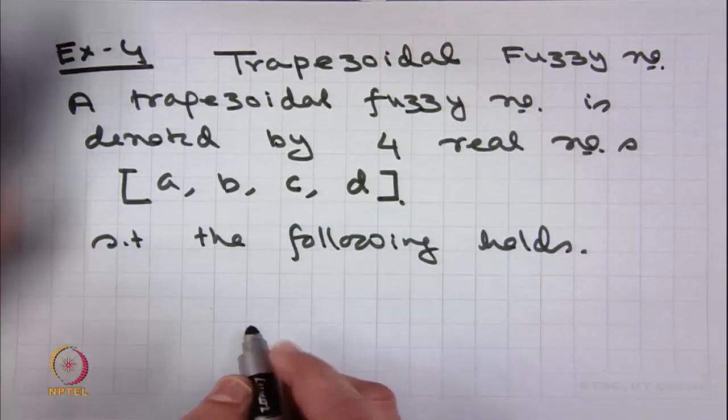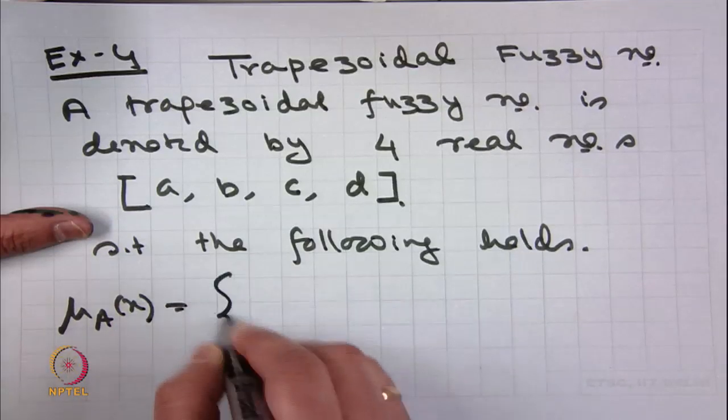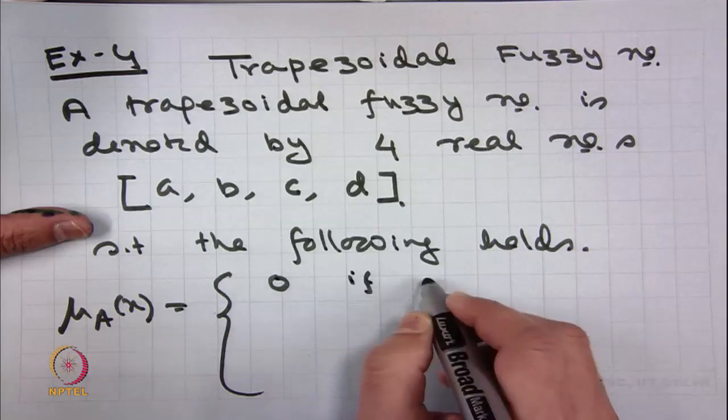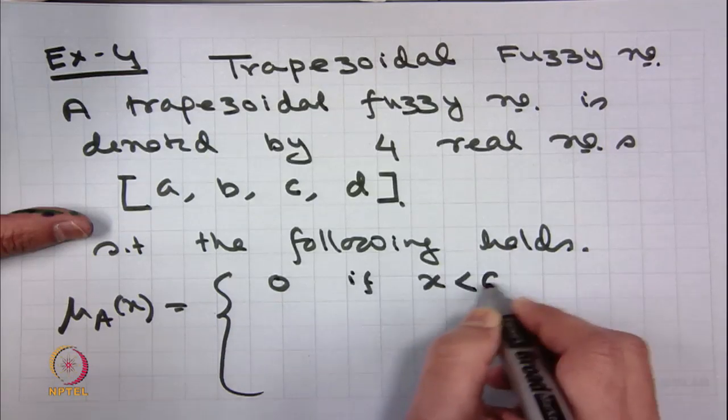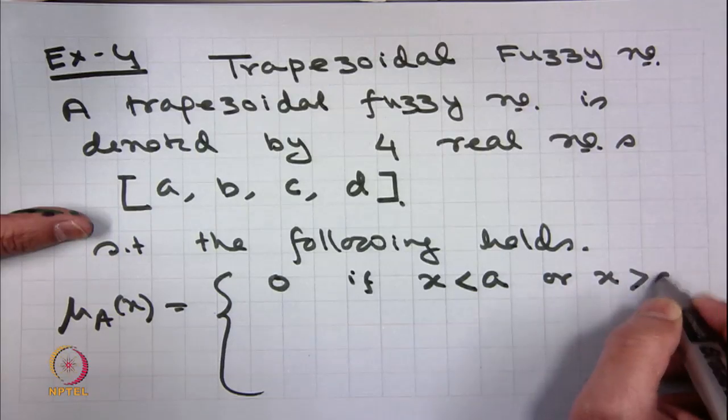Mu a x is equal to 0 if x is less than a or x is greater than d.